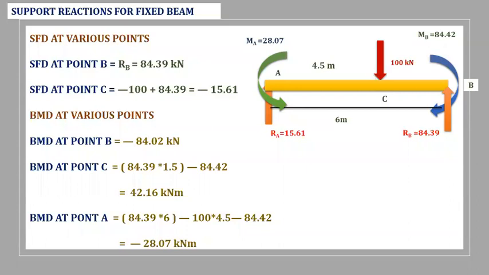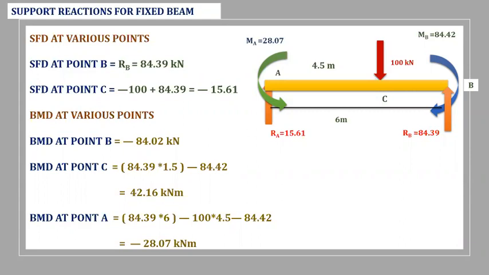Bending moment at point B, that is anti-clockwise minus 84. Bending moment at point C, so RB into 1.5 minus 84. So that is plus 42.16.